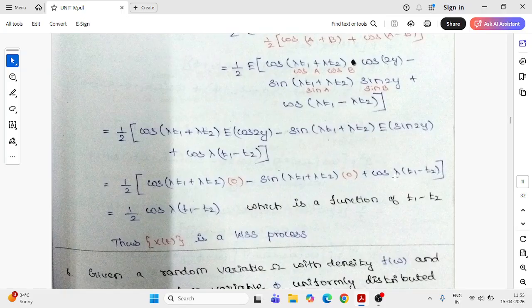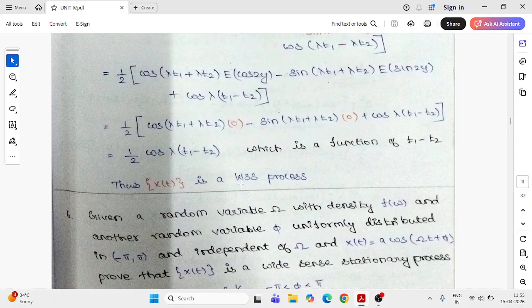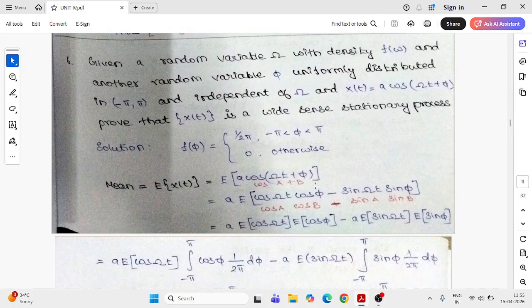The remaining term is cos λ(t1 − t2). So t1 − t2 is nothing but τ, which is a time difference. So the autocorrelation function for the given process depends on the time difference only. So we confirm that the given process is a WSS process. Similarly, we are dealing with other problems also.